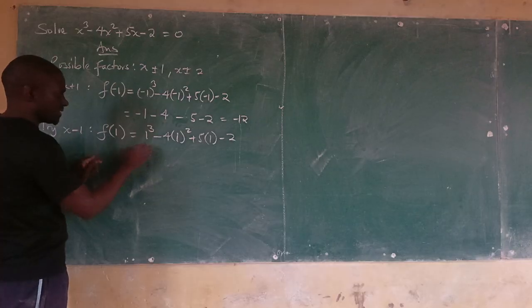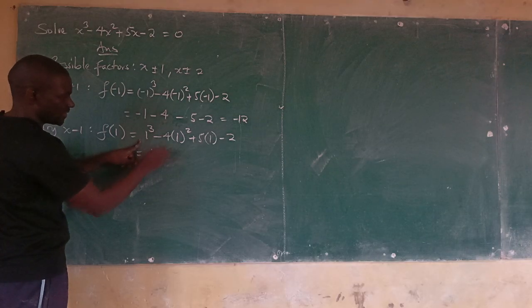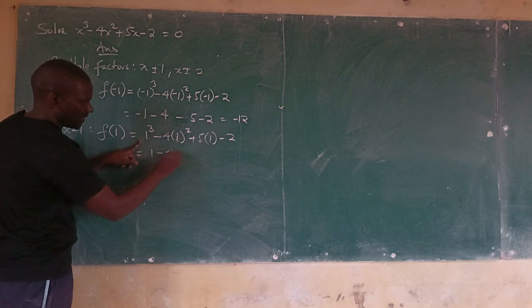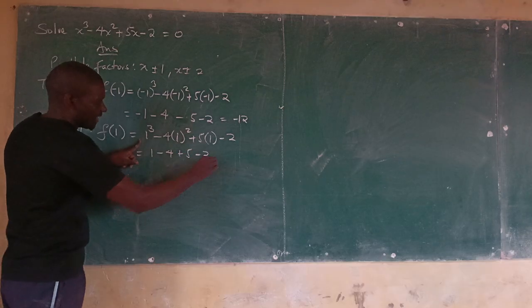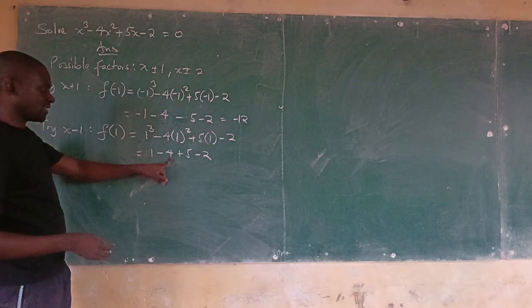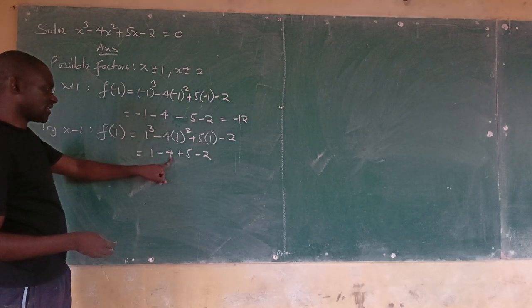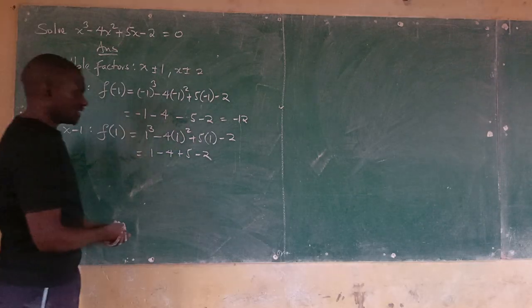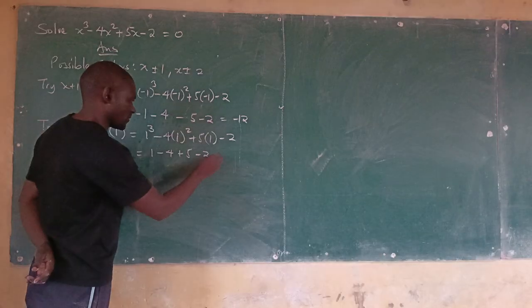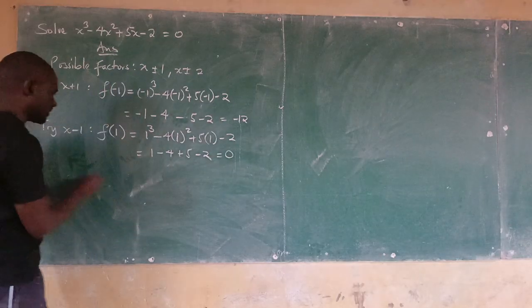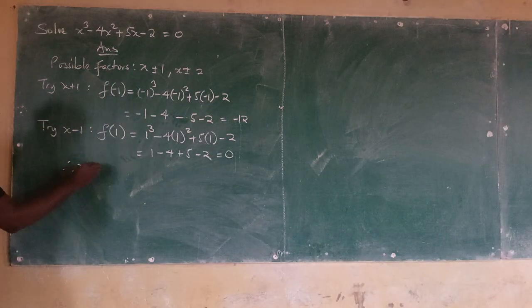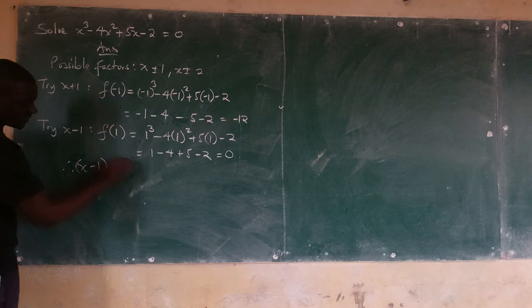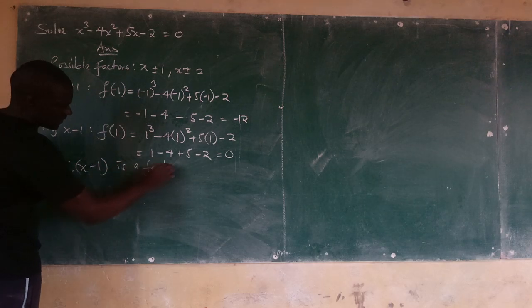That is 1 minus 4, plus 5 minus 2. This and that gives us a minus 3, plus 5 minus 2. So this one will give us 0, and that simply means x minus 1 is a factor.